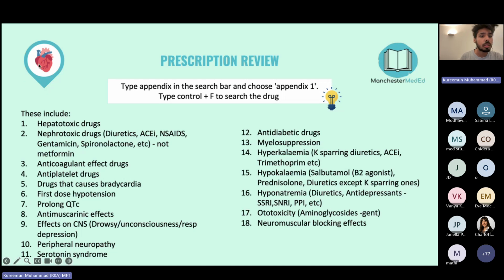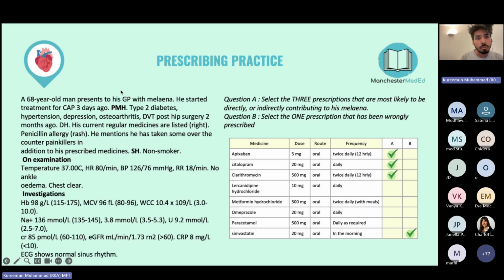So if I type Appendix 1 and I look into the anticoagulant effect drug or antiplatelet drug, it will give me drugs that increase my risk of bleeding. So when I did that, I found out that citalopram is the one that increases your risk of bleeding as well.